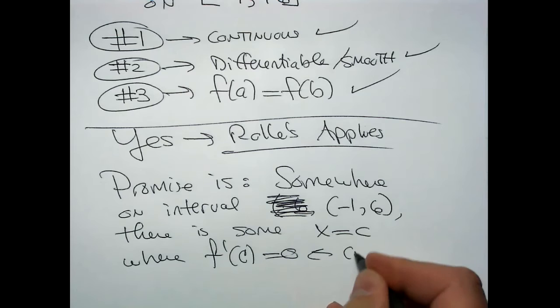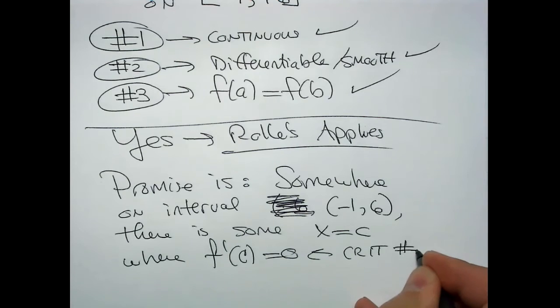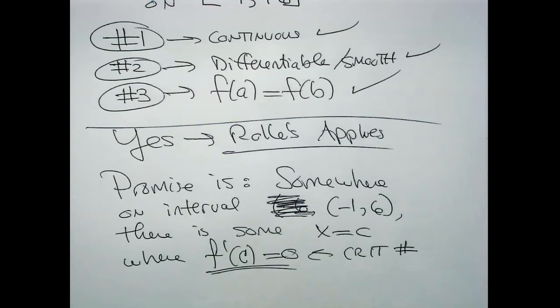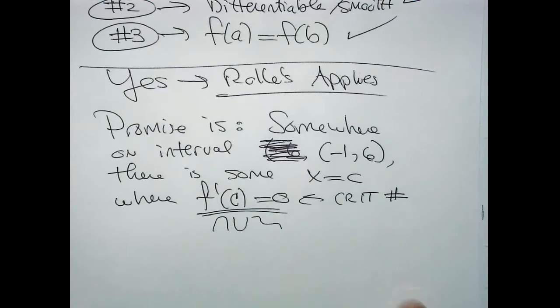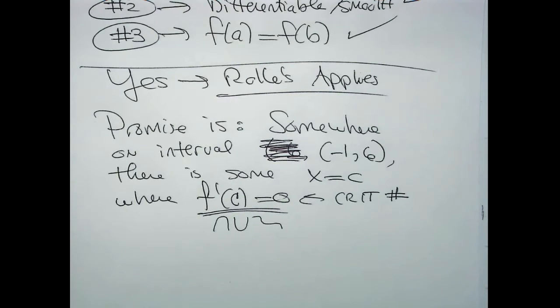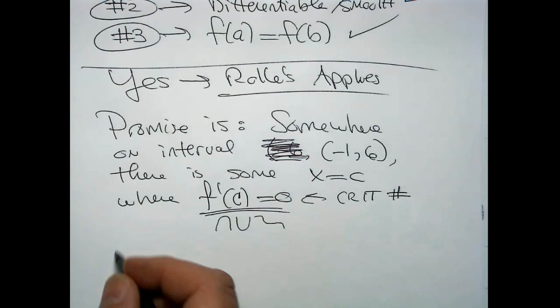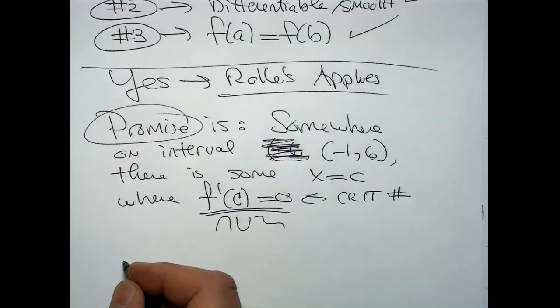So it's calling it out as a critical number, but of this flavor only. That means hill, valley, flat spot, not a sharp corner, which also is a critical number. We need to take that into account. Now, somewhere on this interval, there must be a critical number.